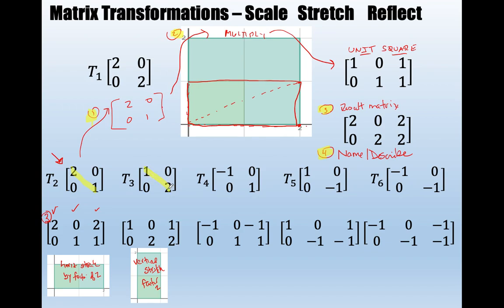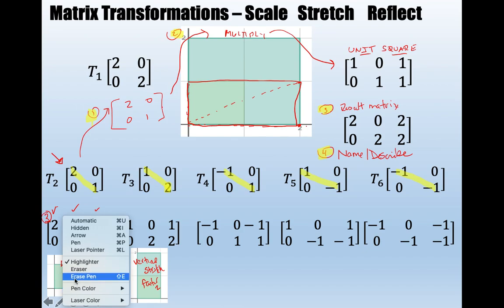Here I had a vertical stretch when the y component of the unit vector in the y direction got changed. So notice that each one of these has the diagonal pattern. Some people call these diagonal transformations, where you've got zeros on the minor diagonal and the only changes occur in the main diagonal.